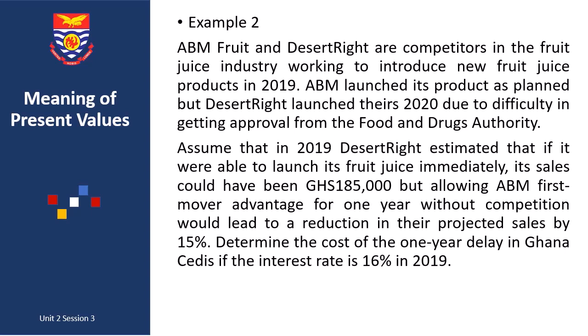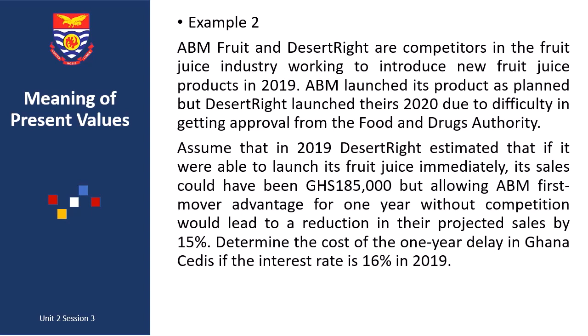So they estimated that if they allow ABM first mover advantage for 1 year without any competition, there will be a reduction in their projected sales by 15% in 2020.